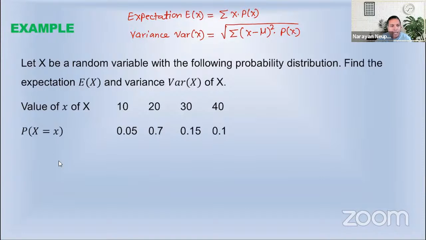So let's begin by making the table. First, we are going to write the given values, the random variable x and the probability. The random variable x values are 10, 20, 30, and 40. The corresponding probabilities are 0.05, 0.7, 0.15, and 0.1.